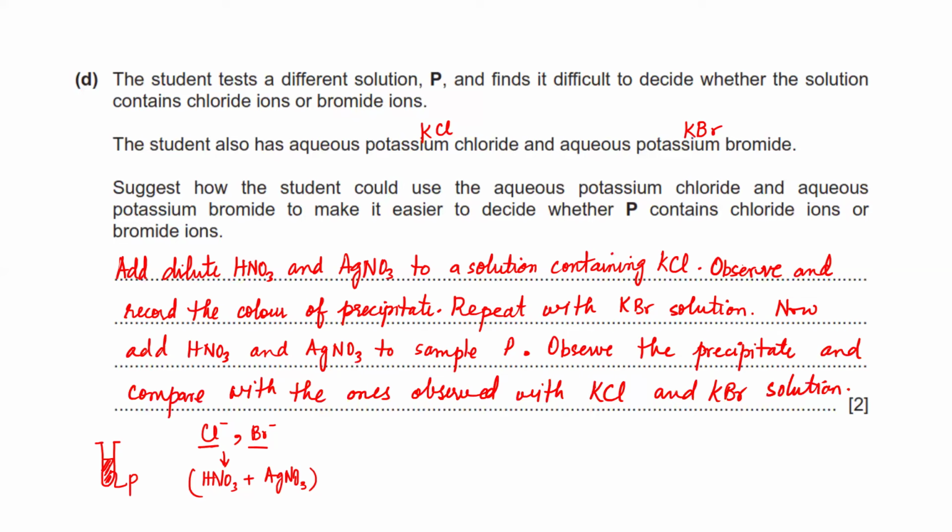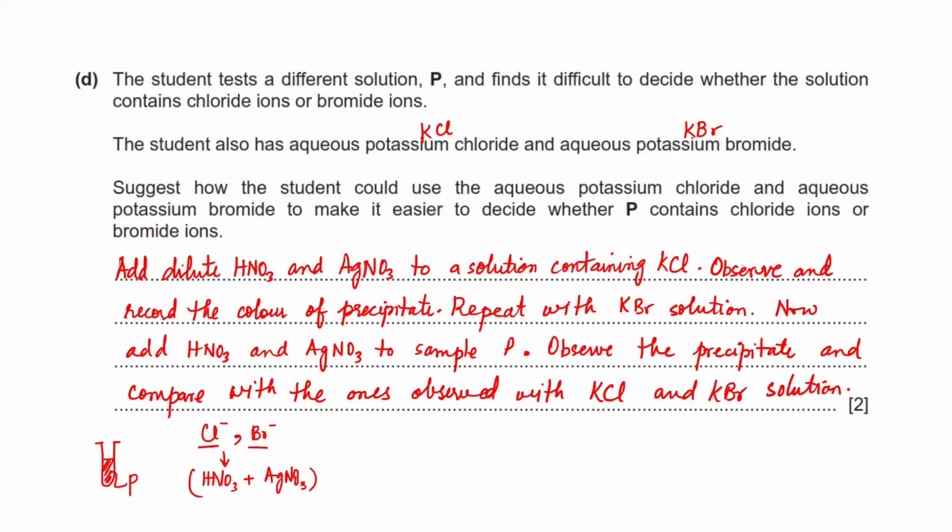The reason for this question is because sometimes it becomes difficult to differentiate between white and creamy precipitates. So this is a good test: in two separate test tubes, you add a little potassium chloride and potassium bromide. Do the test with them.